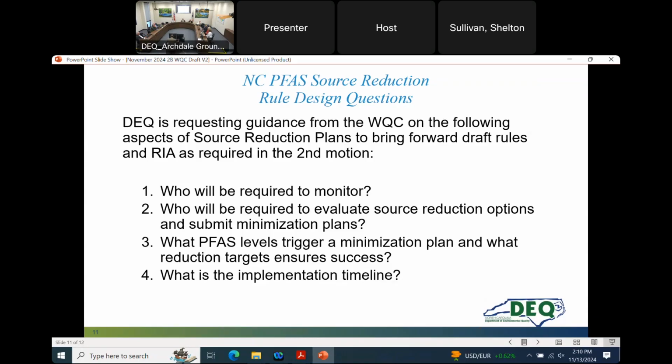The minimization initiative will require monitoring for PFAS, and implementation of minimization activities required to eliminate or significantly reduce discharges of PFAS to less than 12 parts per trillion over a 3 to 5 year period.